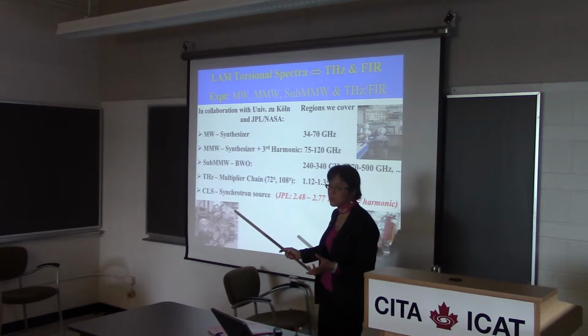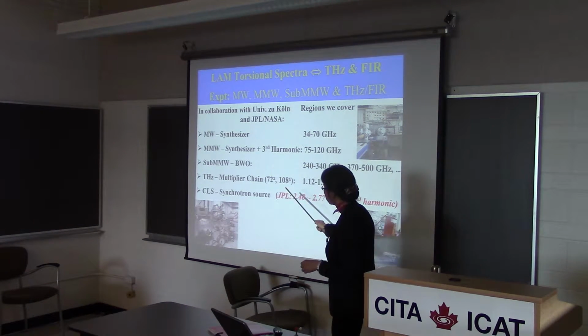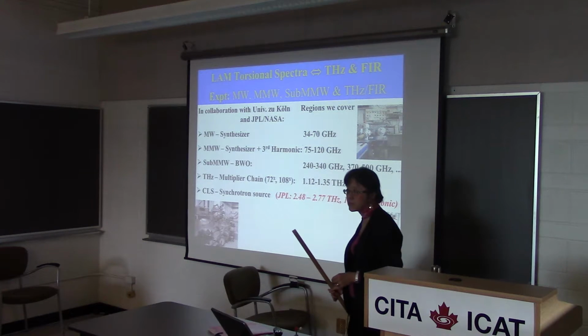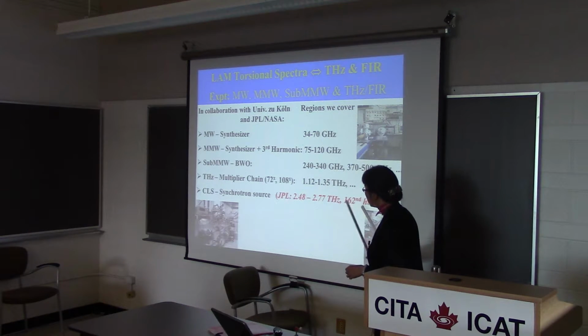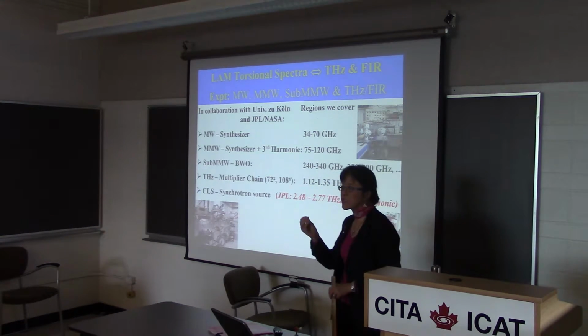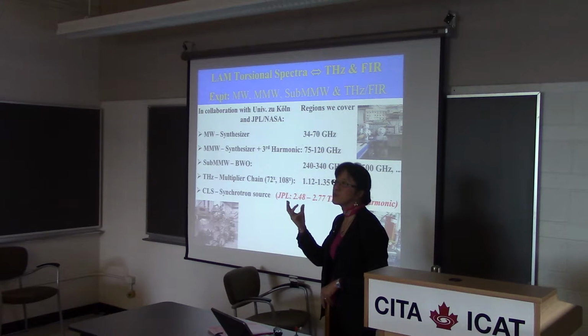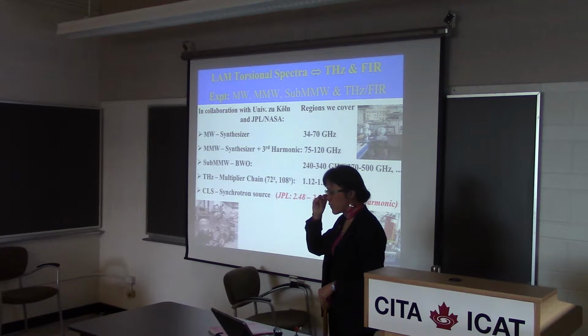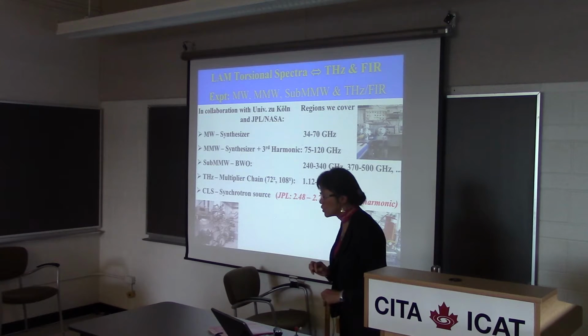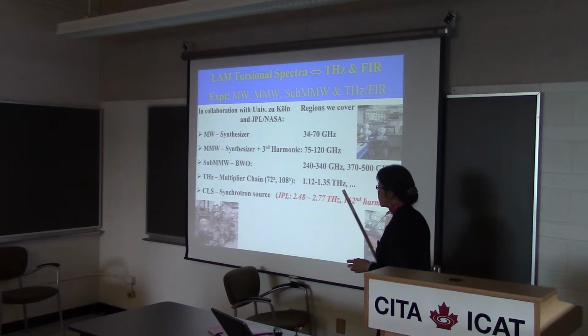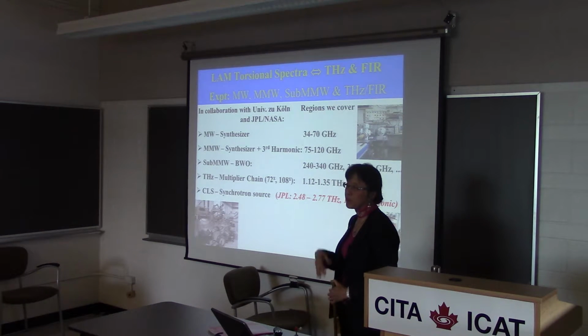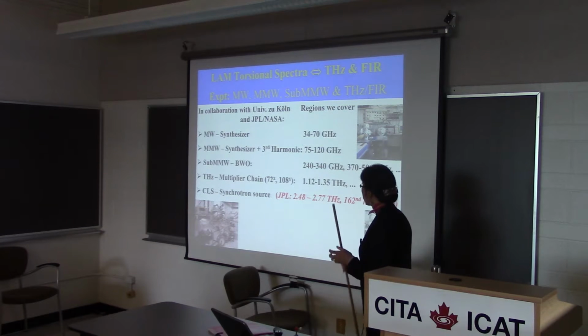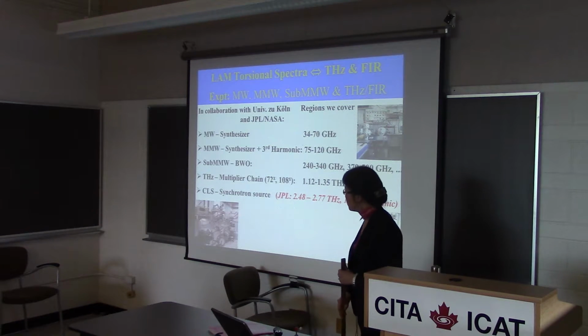Those diodes are really wonderful. You just multiply 72 times or 108 times. And the JPL instrument uses components left over from the test instrument of HIFI for the Herschel space mission, and they can get to 162 multiplication, so almost 3 terahertz.